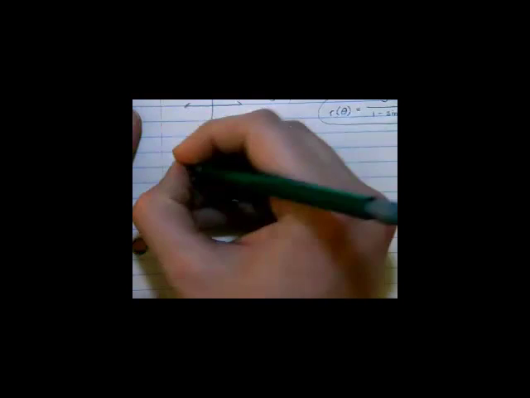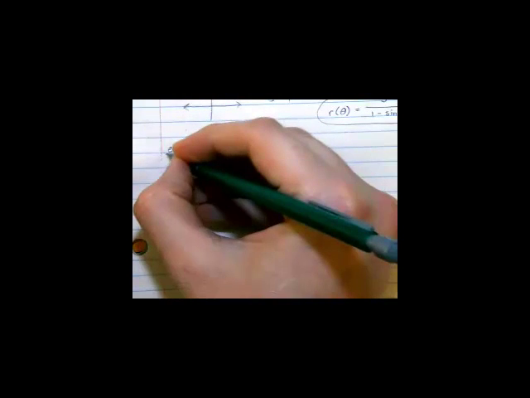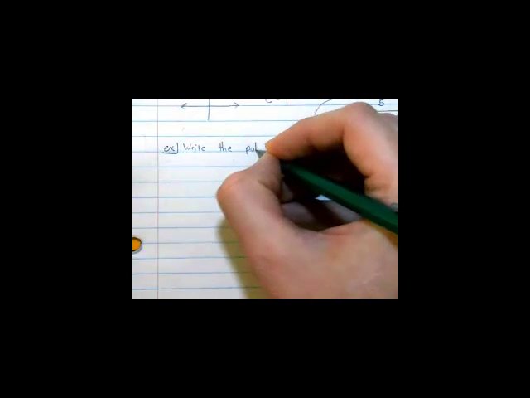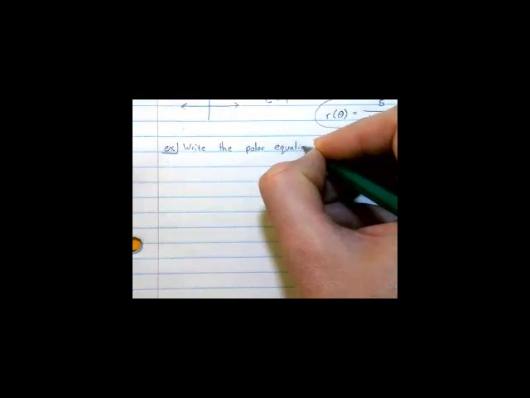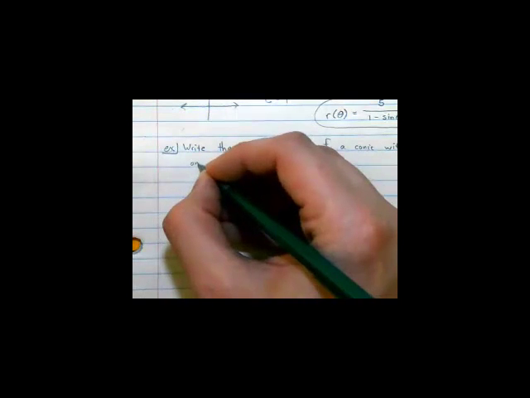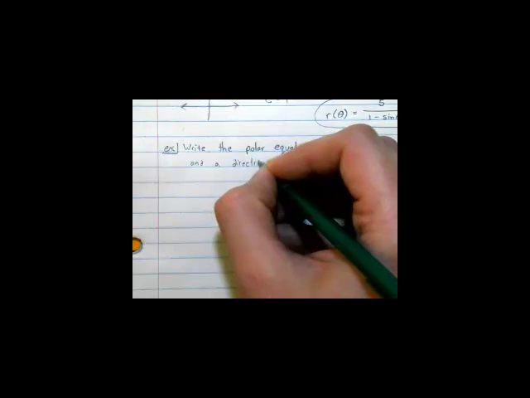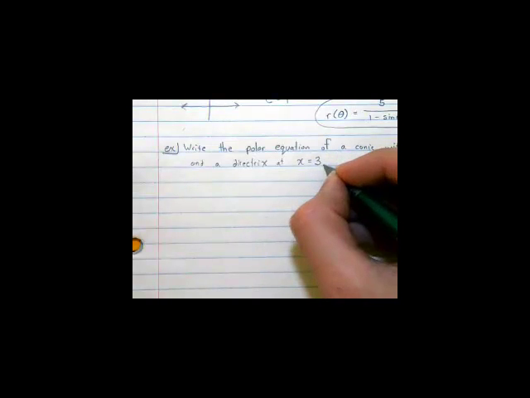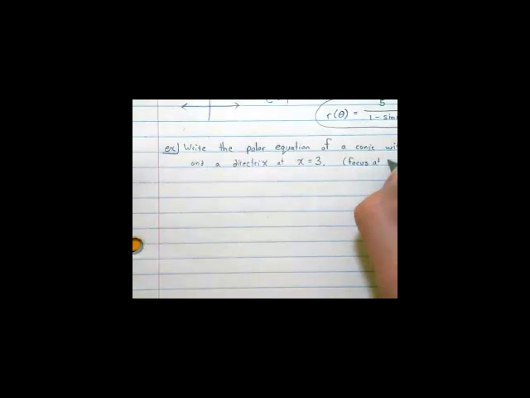So how about, let's write the polar equation of a conic with e equal to 3/5 and a directrix at x equals 3, and then, as always, focus at the pole.